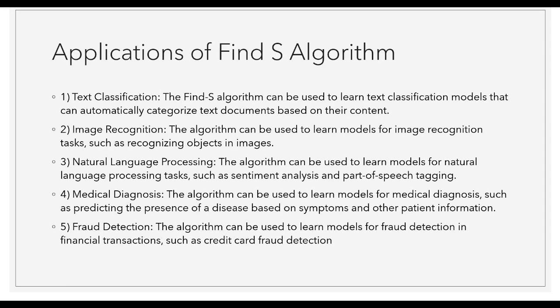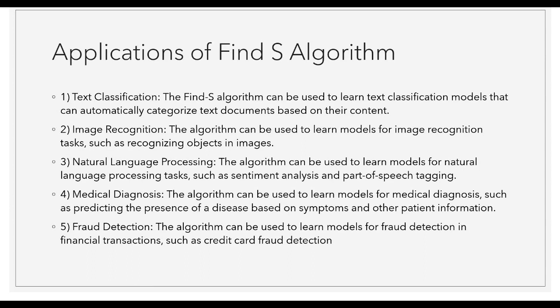Next, image recognition. The algorithm can be used to learn models for image recognition tasks such as recognizing an object in an image. Natural language processing. The algorithm can be used to learn models for natural language processing tasks such as sentiment analysis and part of speech tagging.